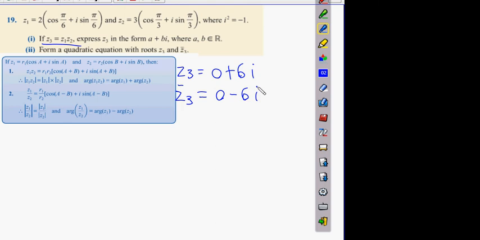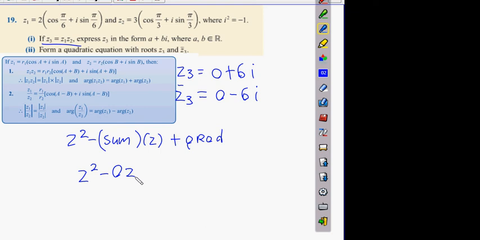Then, unfortunately, once again, this question is not so much difficult as it is stuff that's not in your tables. It's going to be z squared minus sum times z plus product. Okay? So, when I add the two of these together, what do I get? 0. I get 0z. It doesn't exist.